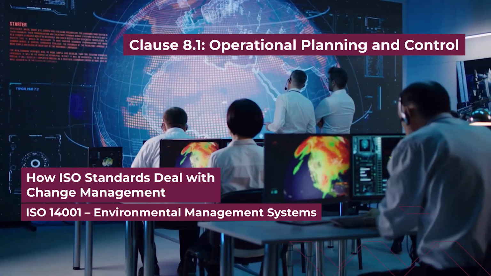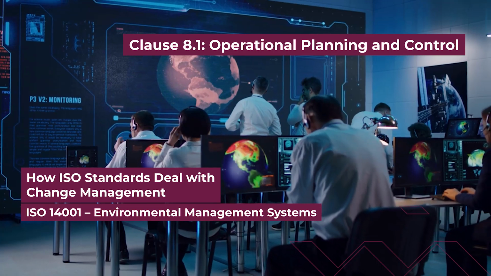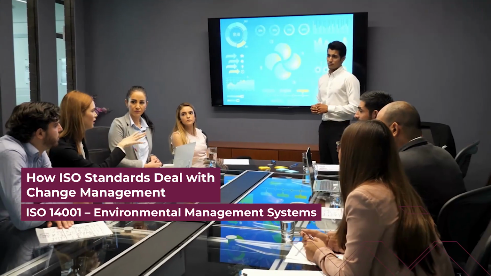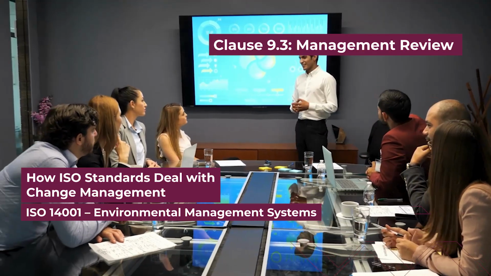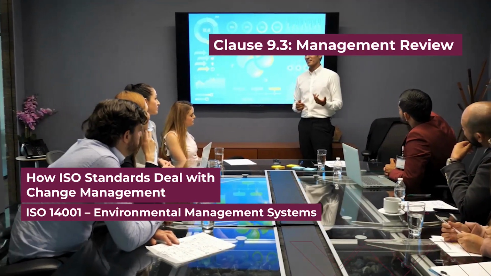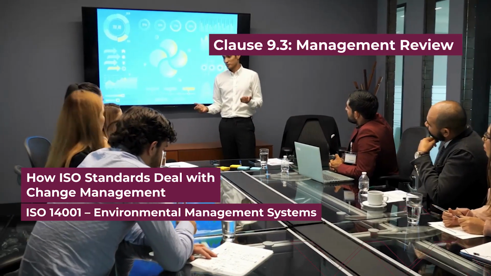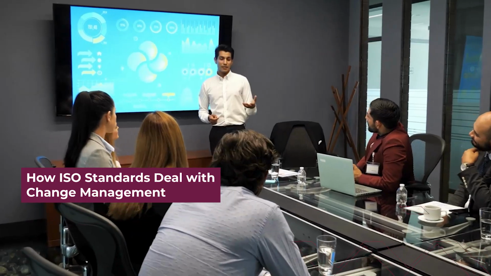Organizations must evaluate existing controls to ensure that they remain effective, especially when new regulations emerge. Clause 9.3, Management Review. During management reviews, organizations must address internal and external changes, which informs necessary updates to the environmental management system.